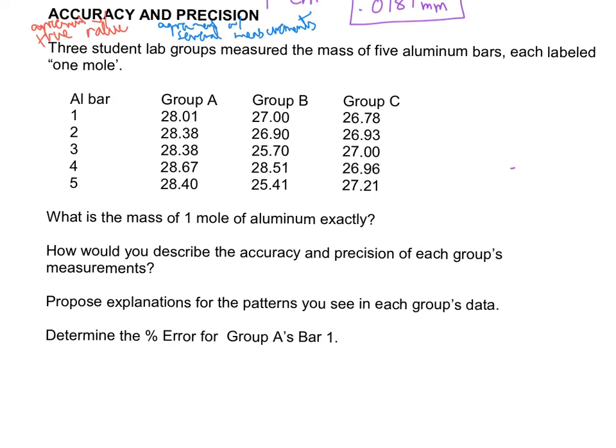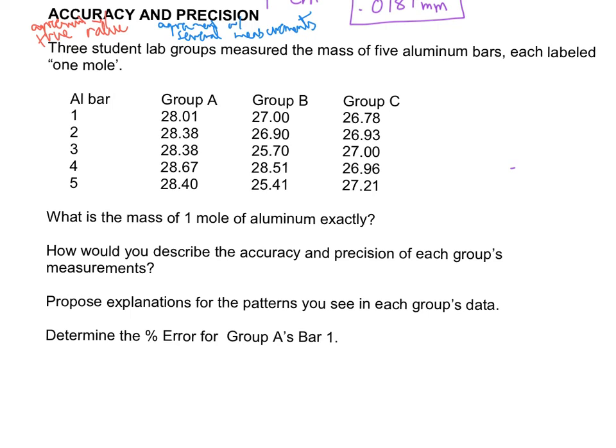So it says that 3 lab groups measured the mass of 5 aluminum bars, and each of the bars say that it's 1 mole, and this is the data that they got. We have 3 groups, group A, B, and C, and we want to know whether these are precise or accurate, or both, or neither.